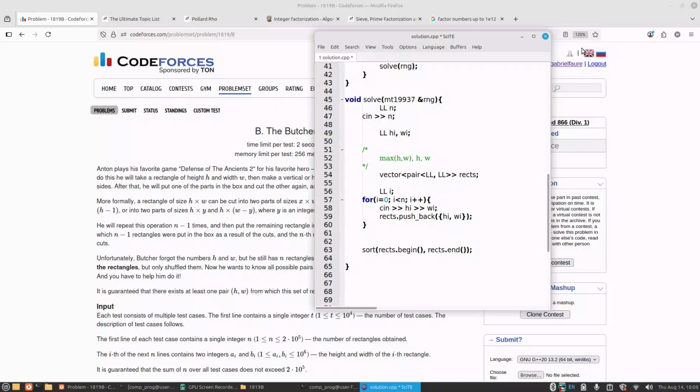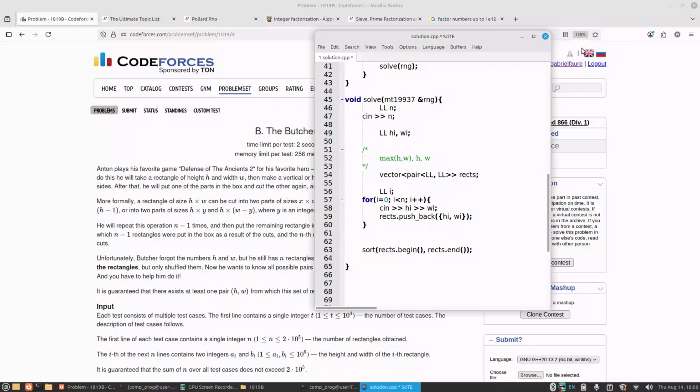Then make that like cuts or something. Or is there some observation I'm missing?